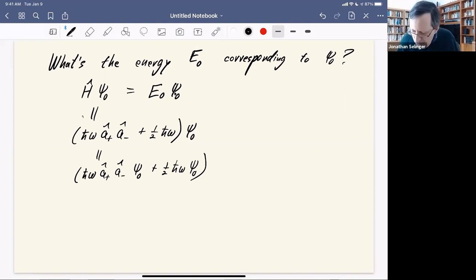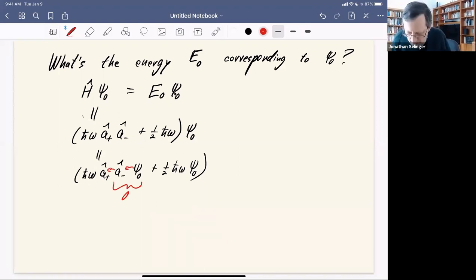Remember psi 0 goes into a minus, and then the output of that goes into a plus. But we know a minus acting on psi 0 is 0. That's how we set things up. And a plus acting on 0 is 0, since it's a linear operator.